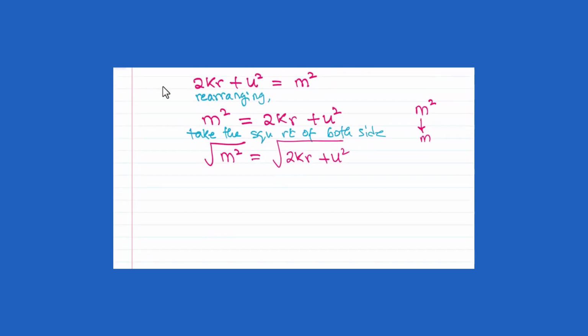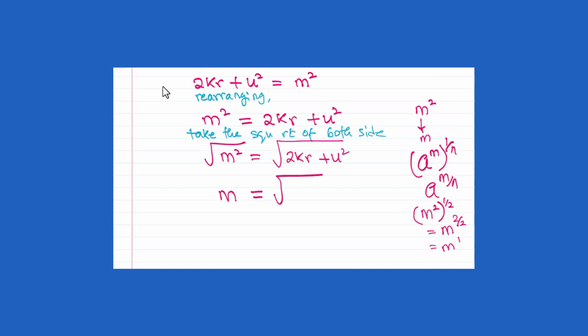And just like I showed you this rule, a raised to power m over n will become a raised to power m over n. In this instance, we have m squared to the power of half, and that becomes m to the power of 2 over 2, and m to the power of 1. So this becomes m, and this becomes square root of 2kr plus u squared.